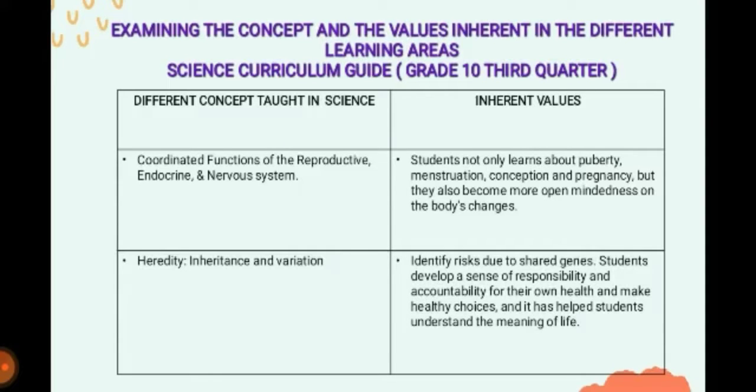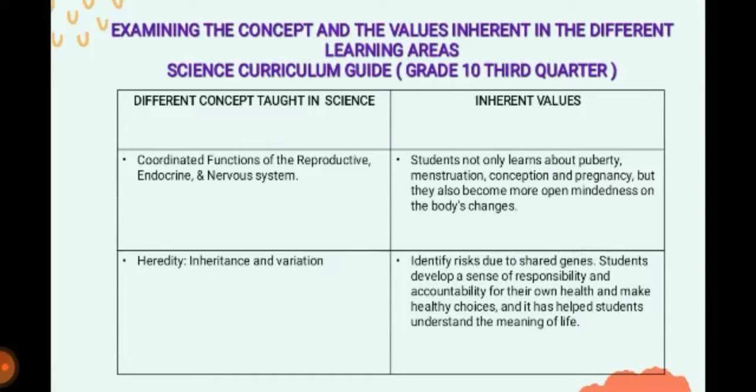First, we have the coordinated functions of the reproductive and nervous systems. The inherent values here: students not only learn about puberty, menstruation, conception, and pregnancy, but they also become more open-minded about the changes that might occur in their bodies.